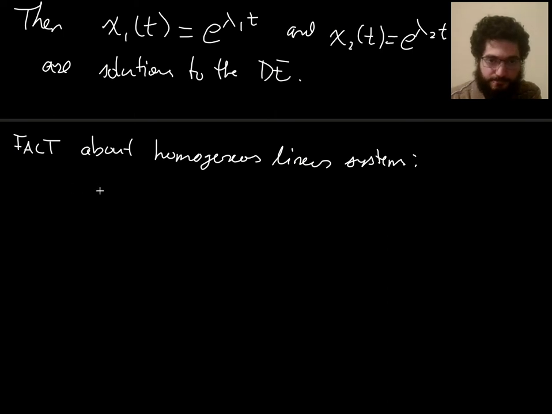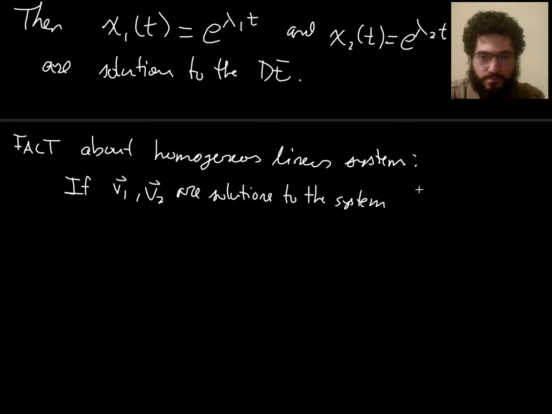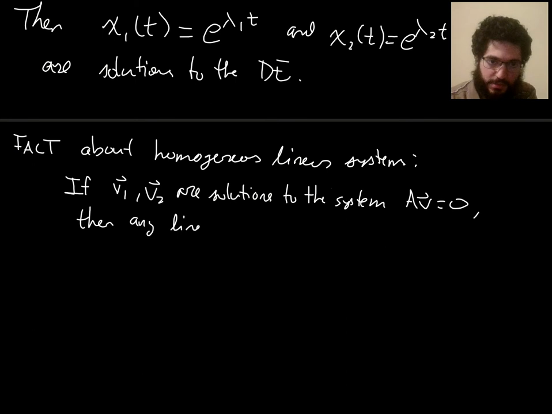So let's see how to say this. The notation you might have seen in a linear algebra class is, if vectors v1 and v2 satisfy the equation, or are solutions to the homogeneous linear system Av equals 0, then any linear combination, like c1 v1 plus c2 v2, is also a solution.